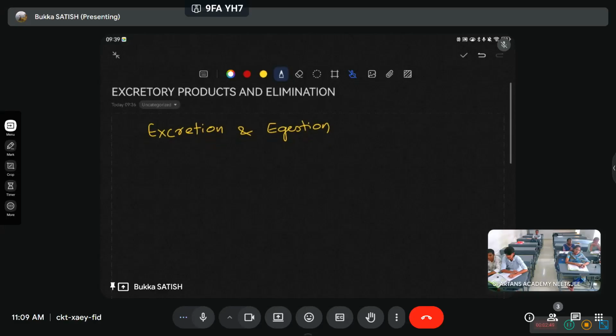In excretion, there will be elimination of metabolic waste. Right. In the case of egestion, it is elimination of undigested waste.